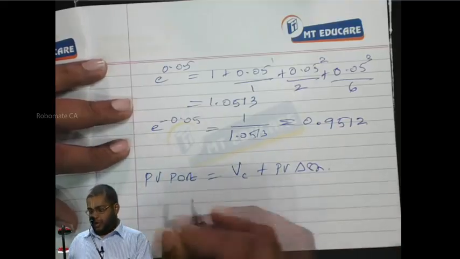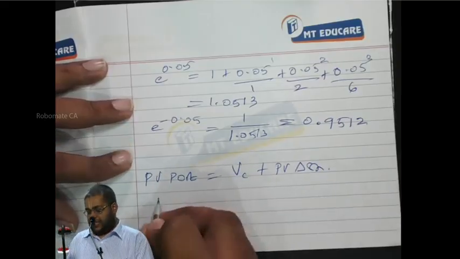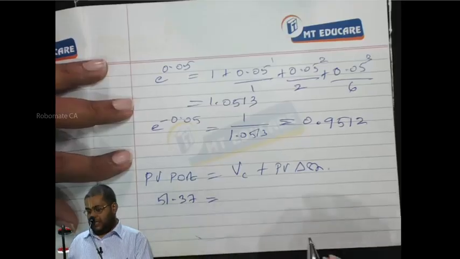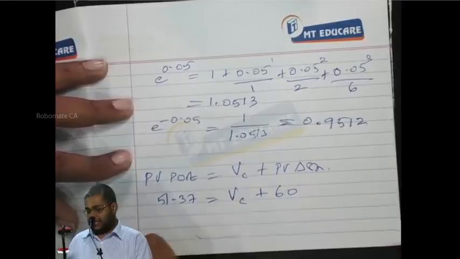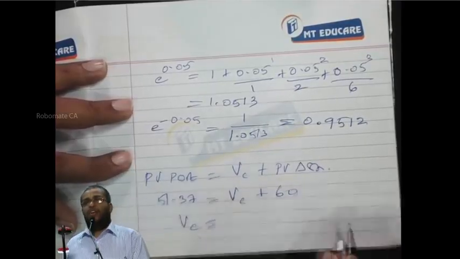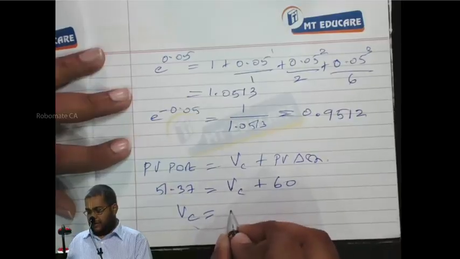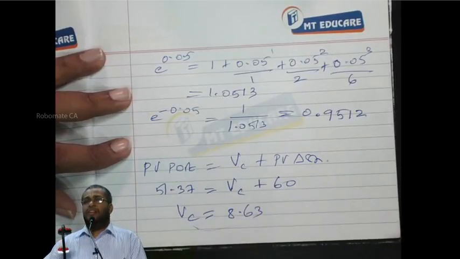I know the portfolio present value to be 51.37, and the value of delta shares is 60. So value of call is equal to 60 minus 51.37. What is the number? 8.63. Value of the call is 8.63.